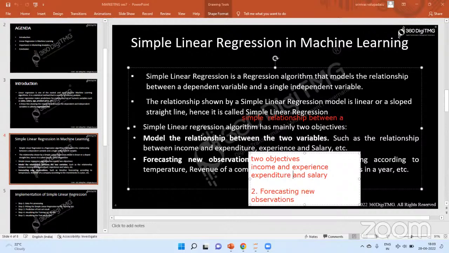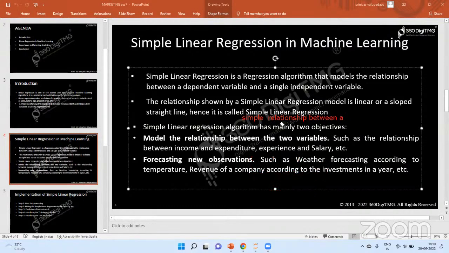So in future we can forecast. With the data values we have, we can forecast what the salary or income will be in future. These are the two objectives of simple linear regression.